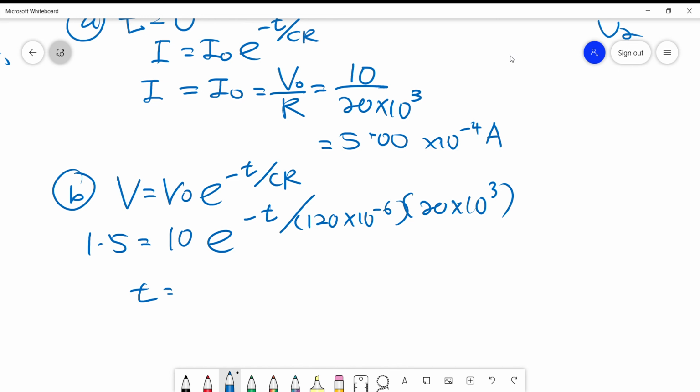The answer is 4.553 seconds. So the capacitor needs almost 5 seconds to drop the potential difference from 10 volts to 1.5 volts. This is the way that we calculate.